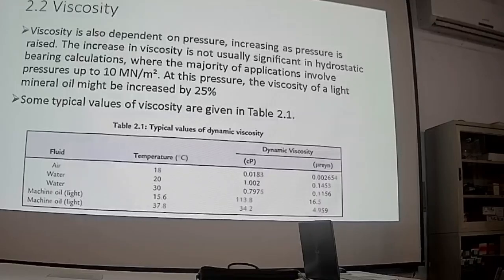So if you operate at higher temperature, the load capacity of the hydrostatic bearing will be reduced. That's why in most cases, if a hydrostatic bearing needs to be operated continuously, you need a cooling system in your pressure supply system to maintain the constant temperature of your lubricant so that your load capacity will not be reduced.